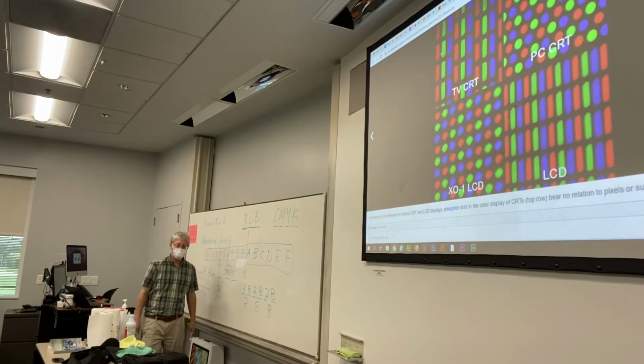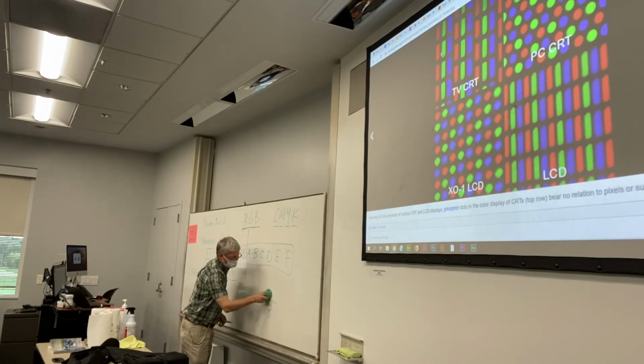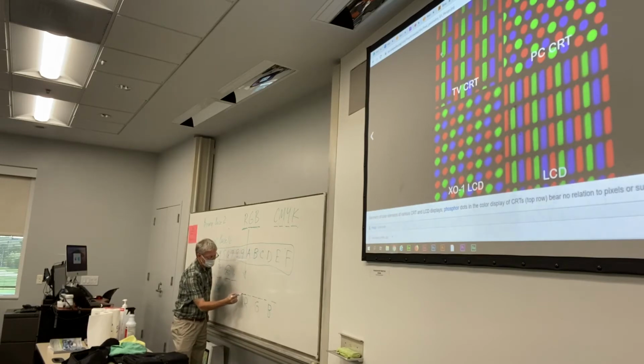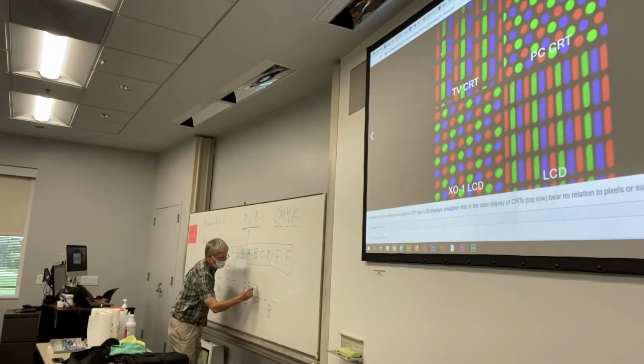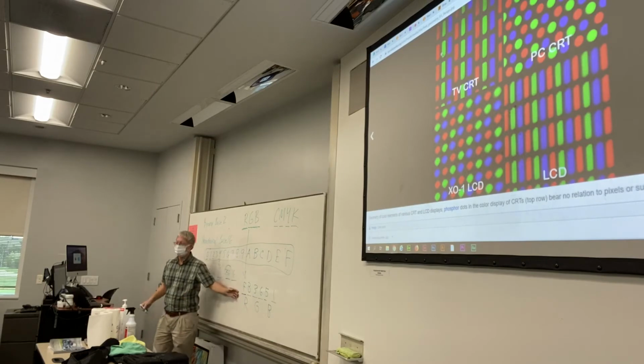One of the things I'll probably ask, I can just about guarantee this, on the test is going to be: what's the dominant color of this? What color would dominate this?